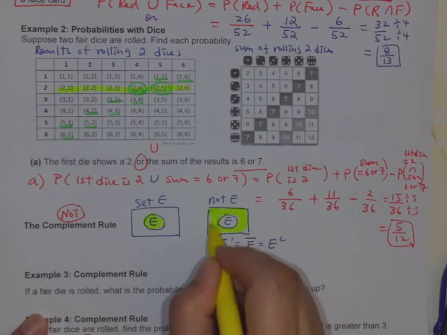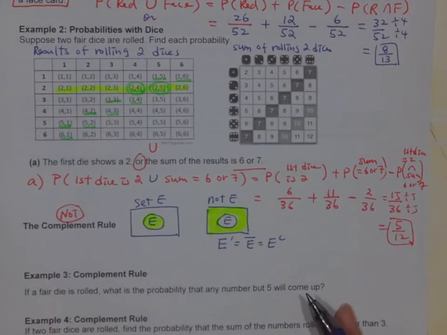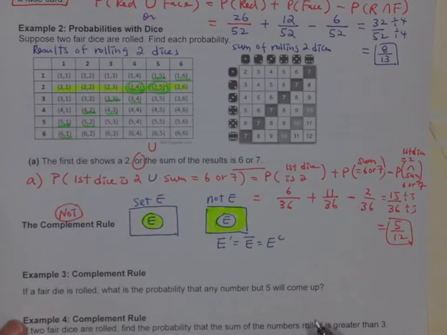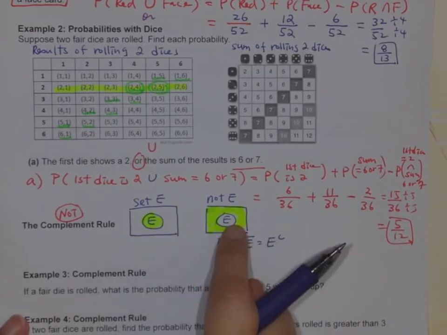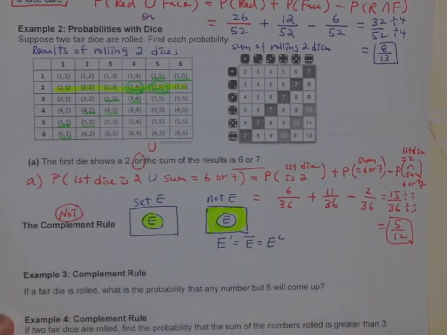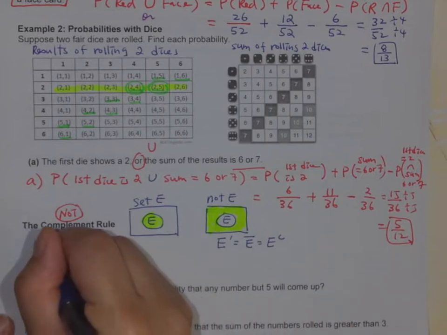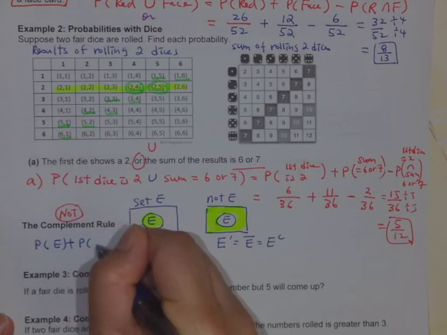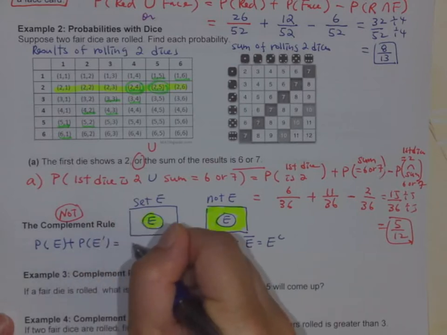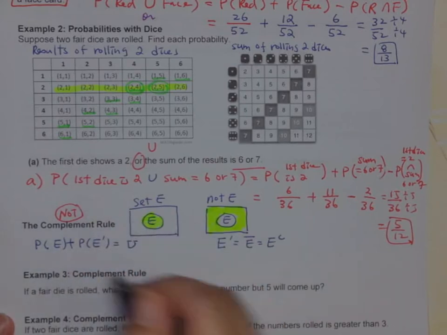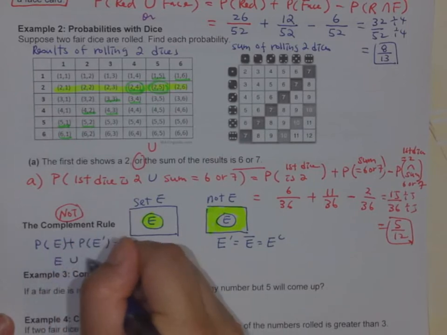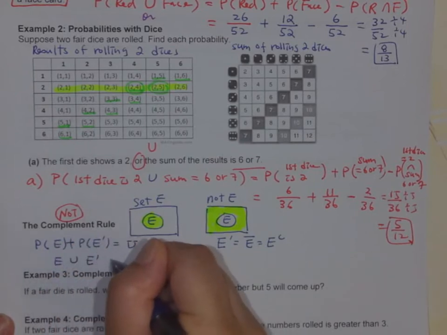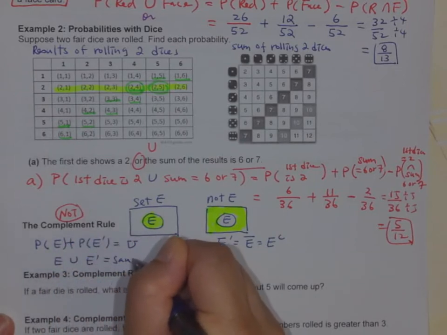So the properties say if you combine this and this, it would equal to the universal sets. So probability of E plus probability of not E will equal to the universal set, right? Or you can say E union not E will be the sample sets, basically.